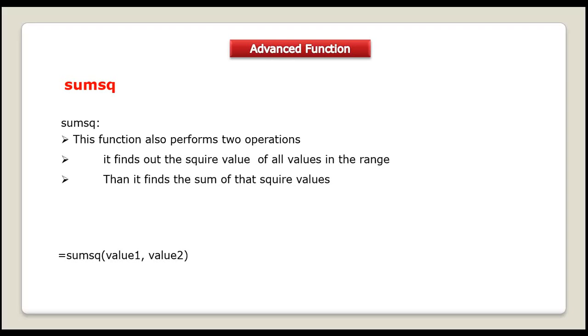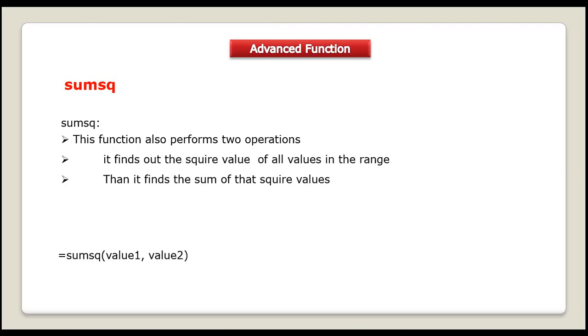Right, value 1, value 2, like that we can give any number of columns, but the total sum of all columns will be presented in one cell only. So if you want to find the values of one particular range in one particular place, then you have to give only one value range or one column range, right?